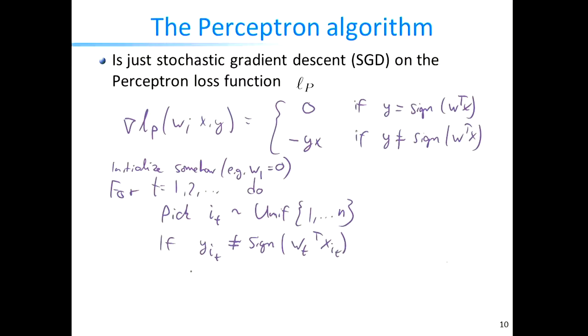Then we set w_{t+1} to be w_t plus the learning rate times y_{i_t} x_{i_t}.